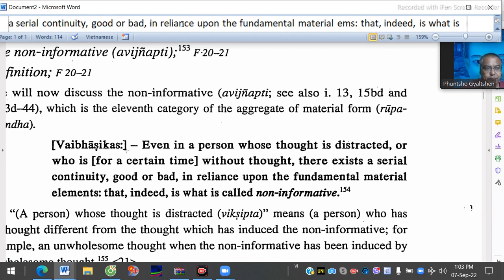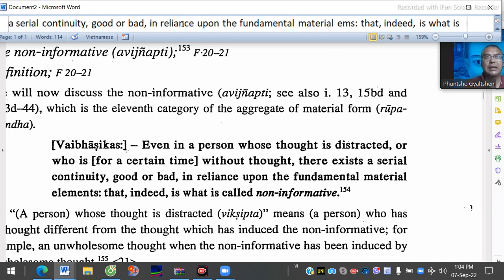As opposed to visible form, there is an invisible form, an undetectable form or detectable form. That kind of words are also used for this. And when I read through the translator's interpretation, saying non-informative is also quite interesting, because the body is present, but it will never say I'm here, or it will never let the sense faculties detect it.